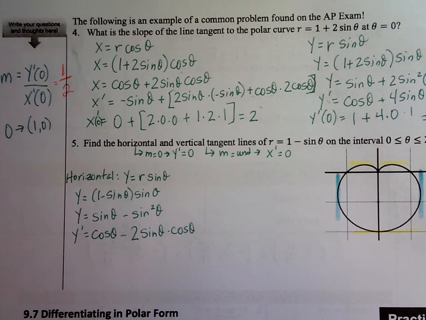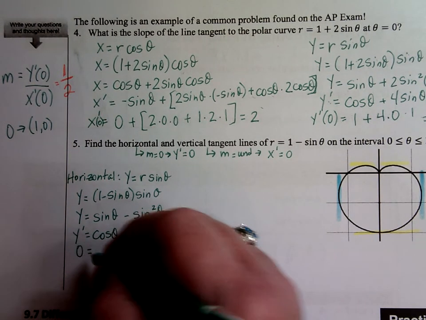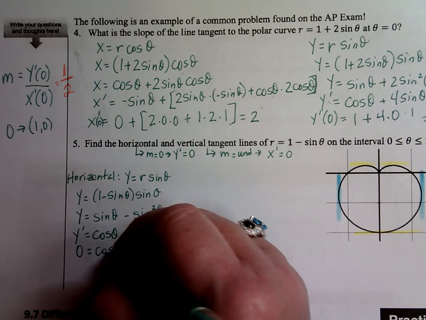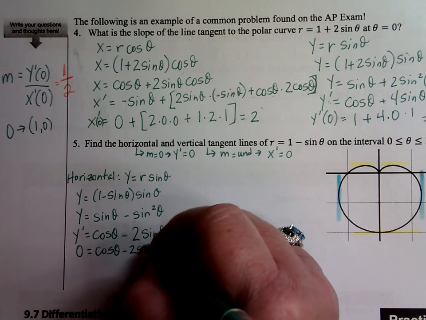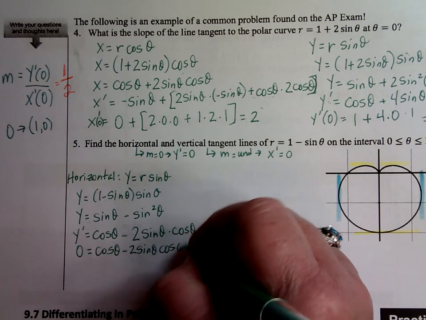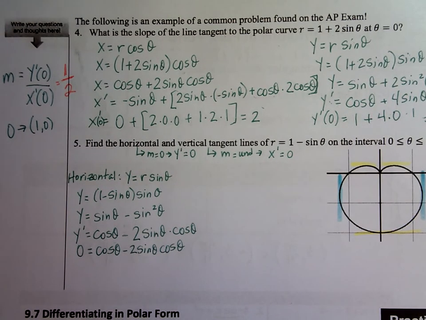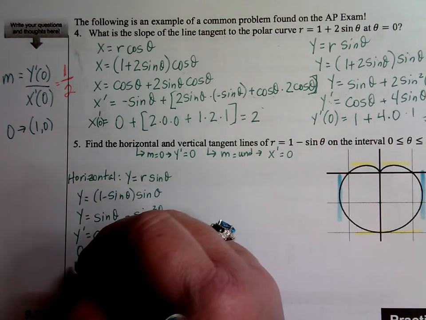Set it equal to 0. Now, if this were a calculator question, you could go to your calculator and have your calculator solve it for you with the solve button in our 89s. But let's just go back to pre-calc for a minute and see if we can remember how to solve these.